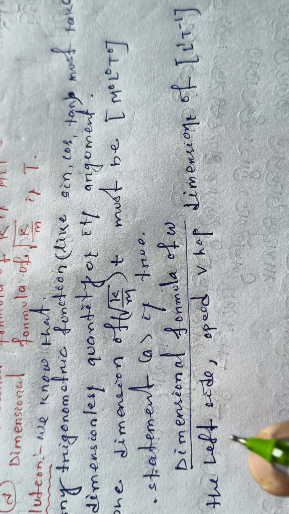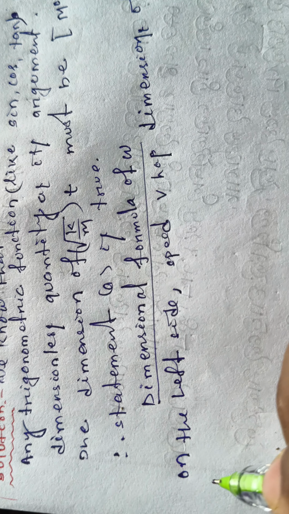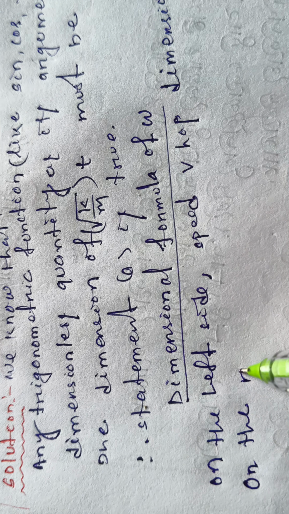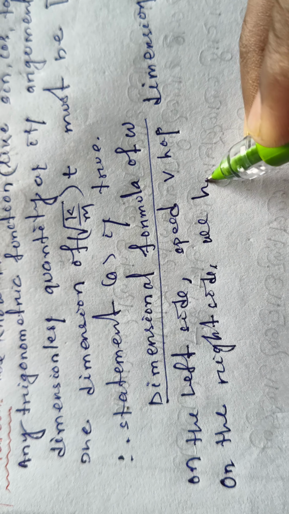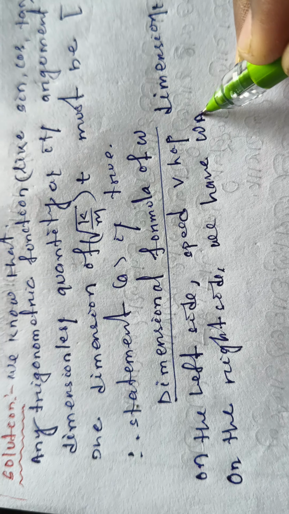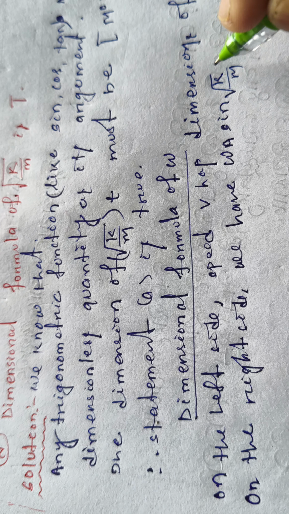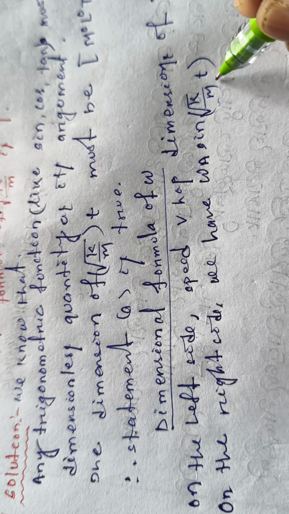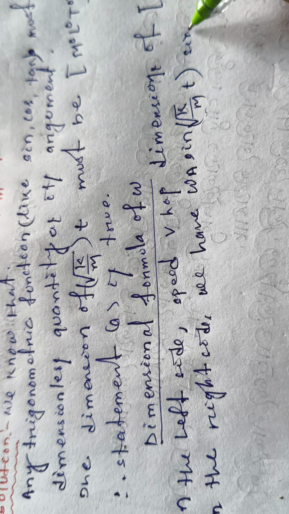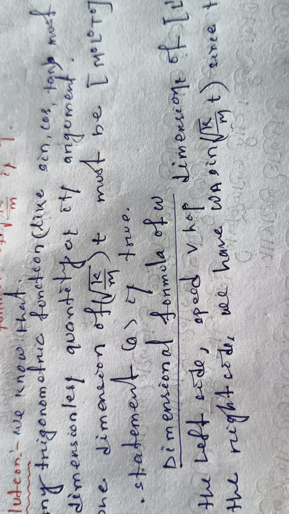But in the case of omega, on the right hand side, we have omega a sine of root over k by m t, and the sine part is dimensionless.